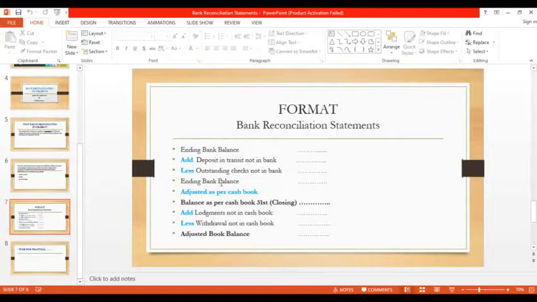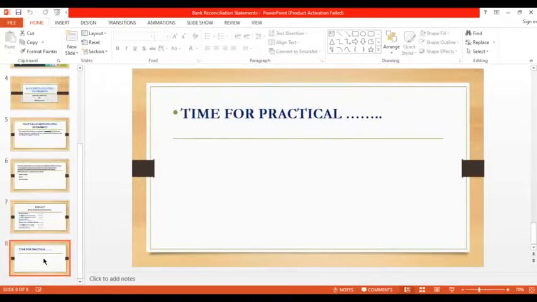And from there, you have an adjusted cash book. By the time you are through, your balance in the adjusted cash book should be the same as your ending bank balance in the bank statement. So that's just a little introduction. Let's go to the practical right away.